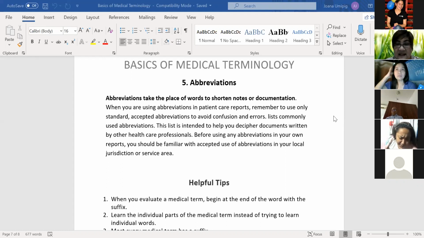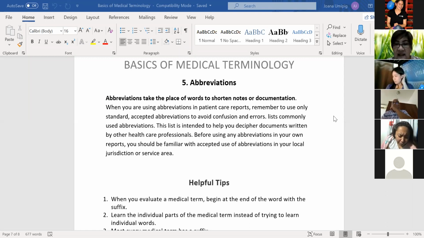The list is intended to help you decipher documentations written by other healthcare professionals. Decipher means understanding. We need a comprehensive understanding of what we write and what other healthcare professionals write. We have a common language that we talk in.